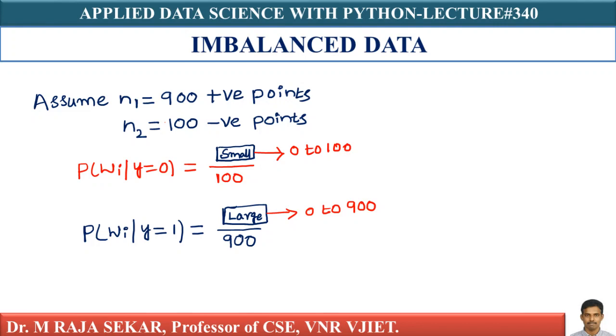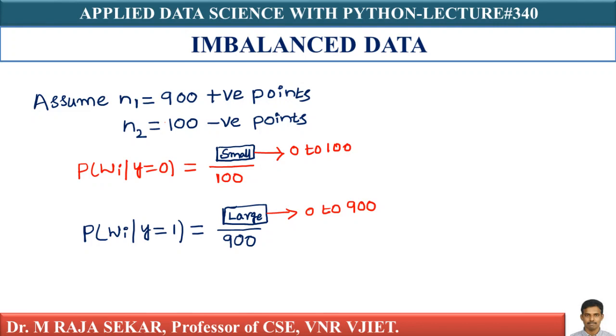While in the second case, probability of Wi given y equal to 1, the range is 0 to 900. Here there are more possibilities than for probability of Wi given y equal to 0. So the numerator of the positive class probability is higher than the numerator of the negative class probability.